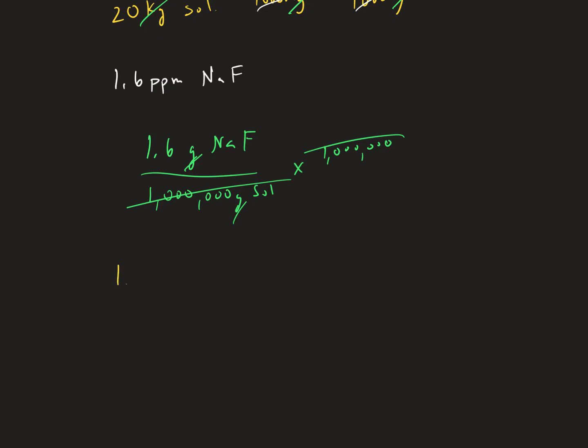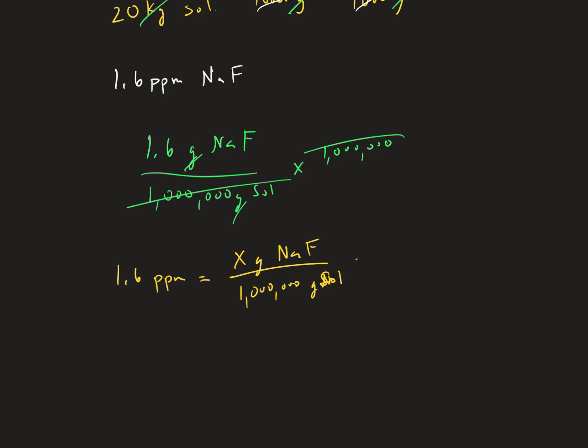So 1.6 parts per million, put it in the equation. That's the parts per million is equal to X number of grams of NaF over what? 1,000,000 grams of solution. So how many grams of NaF do we have?